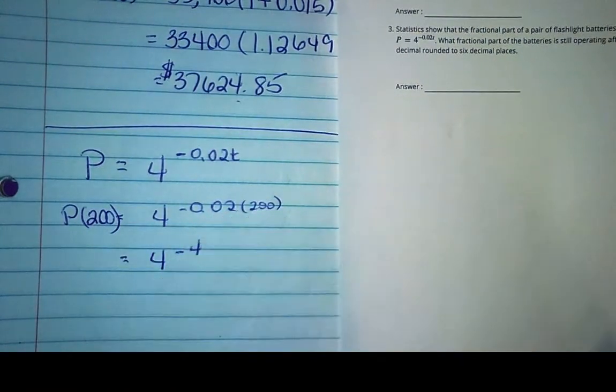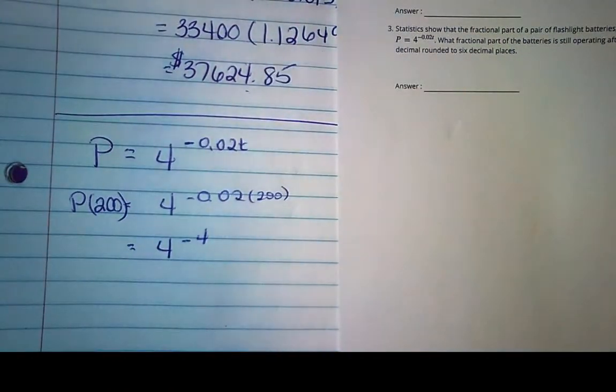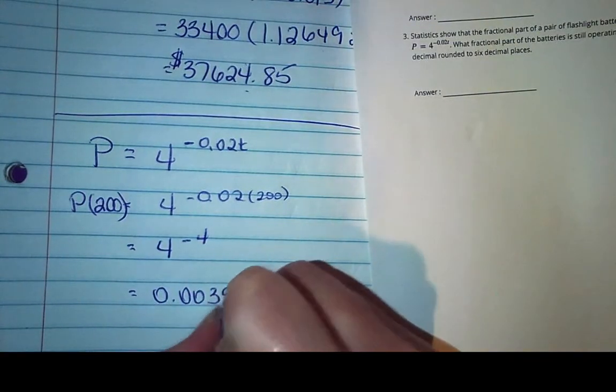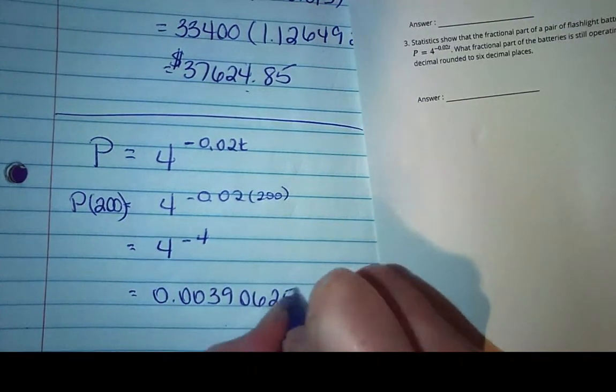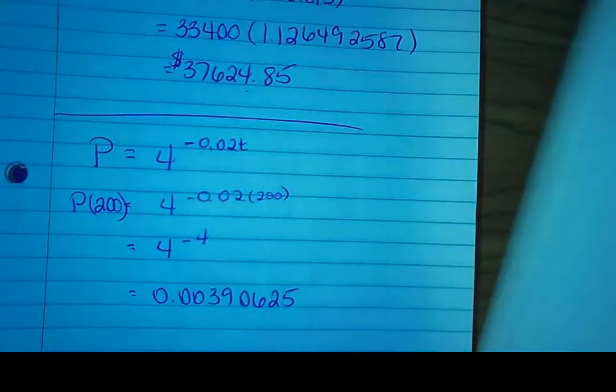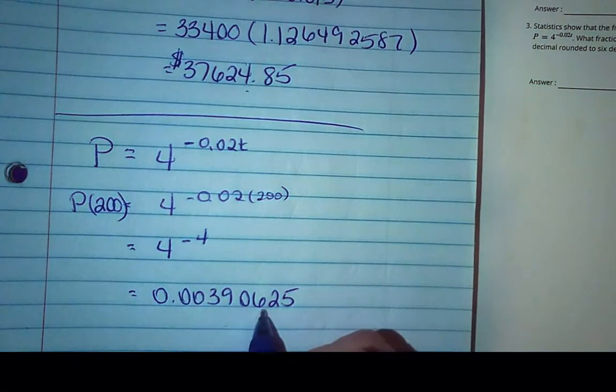So 4 raised to the negative 4 power is 0.00390625. It says as a fraction or rounded to 6 decimal places.